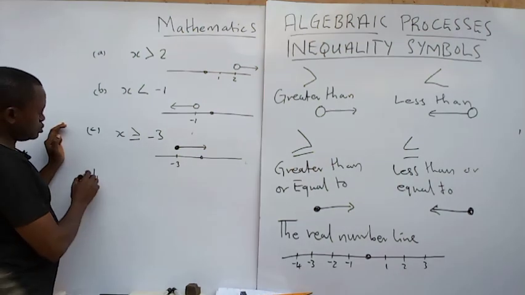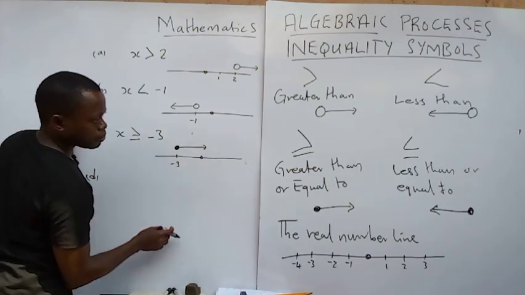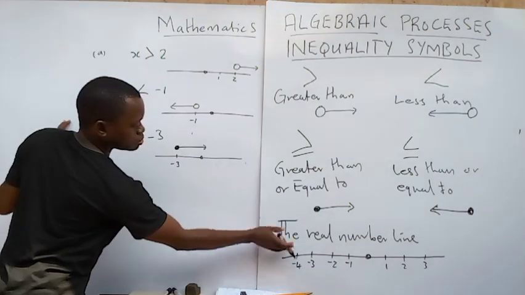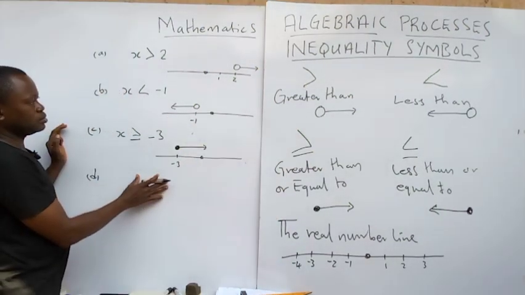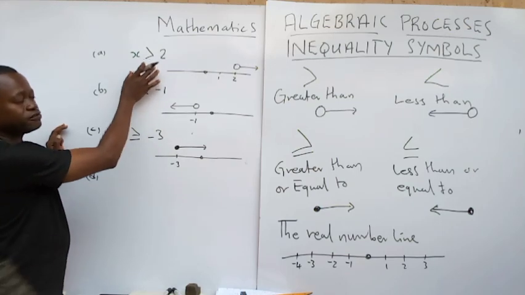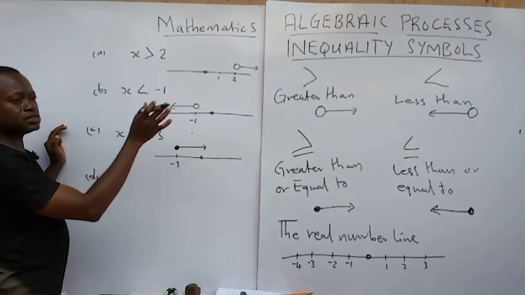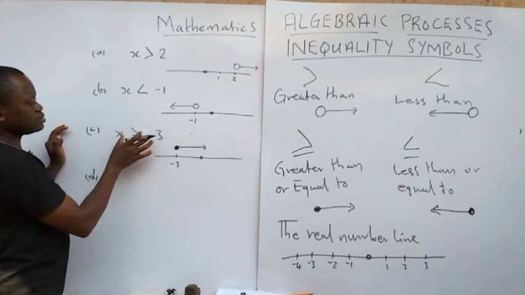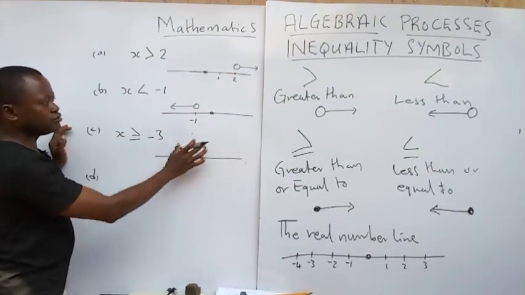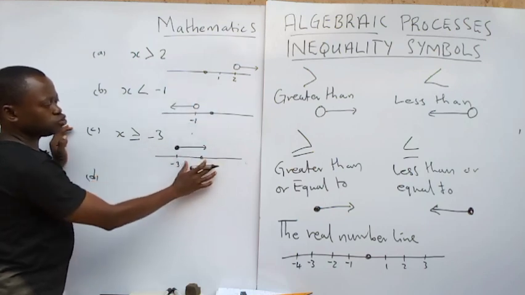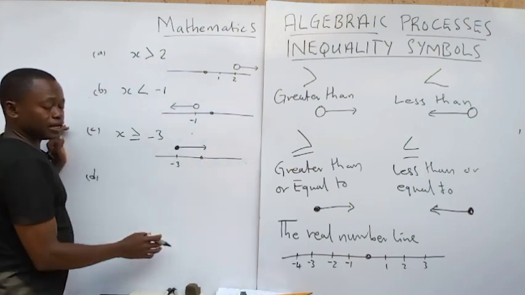Of course, you can see the role of all these symbols in explaining what we are doing. We are considering that you have finished solving that inequality problem, and it is very possible that these are the answers you have obtained, and there is need for you to represent them, show them on the real number line.